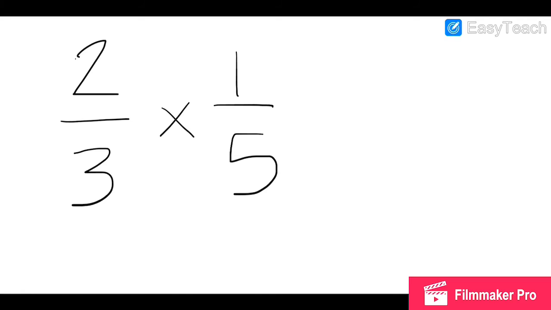Did you know that I could have solved this a different way? I could have multiplied straight across. Let's take a look. I could have done my numerator times my numerator to get my new numerator. 2 times 1 equals 2.